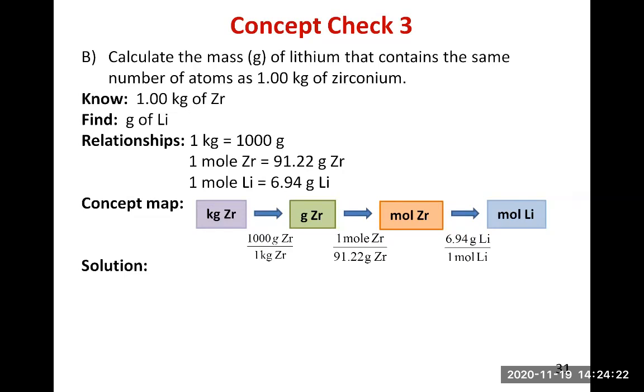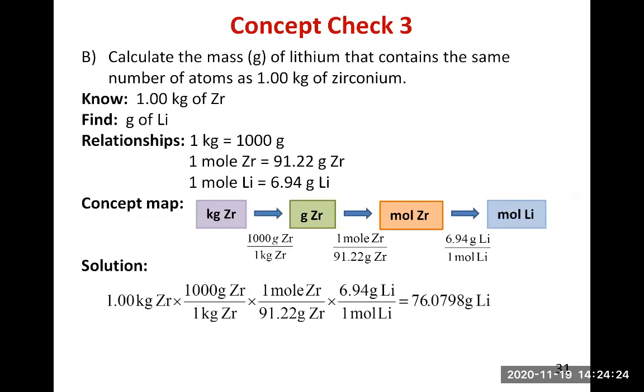So the solution will look like this. We start with 1 kilogram of zirconium. You change that to grams by using the fact that 1 kilogram is equal to 1,000 grams. And we have 1 kilogram in the denominator so that we can cancel units of kilograms. So at that point, if you stop the calculation, you would have grams of zirconium.